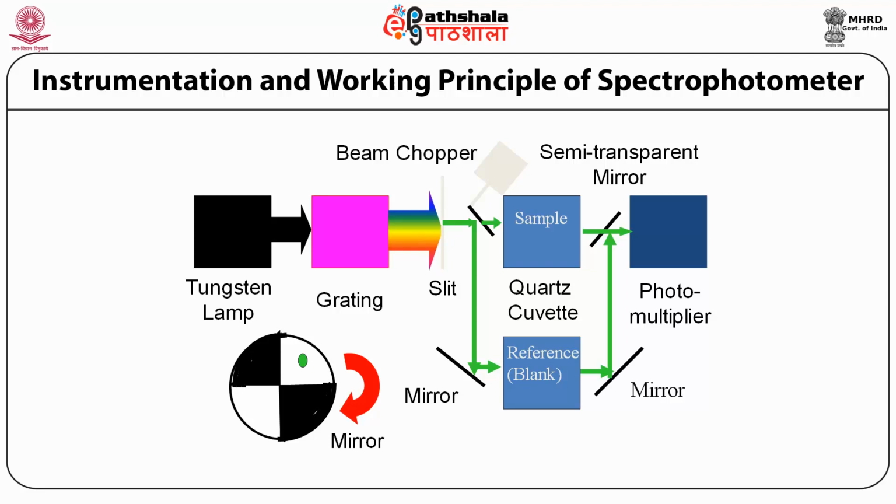A quartz or silica envelope is necessary not only because of the heat generated but also to transmit the shorter wavelength of the ultraviolet radiation. The limiting factor is normally the lower limit of atmospheric transmission at about 190 nanometer.